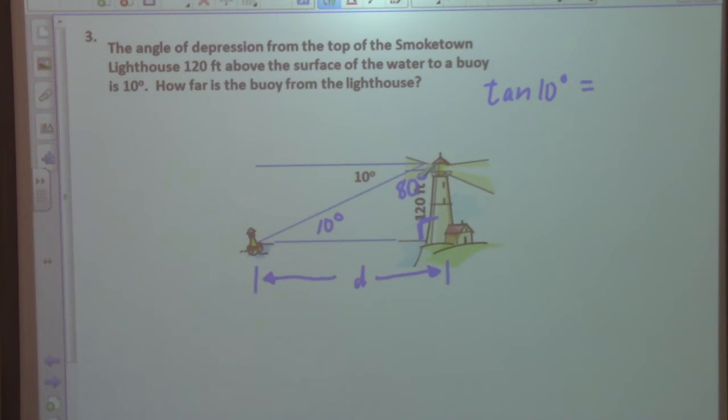So what's your opposite side of the 10? 120 over, what is our adjacent side? We don't know that, so I'll just call it D. Okay, good. Is everybody okay with this up to this point? Okay, good. What next?